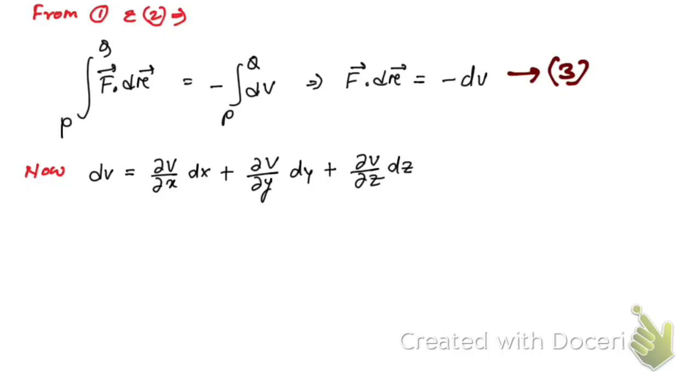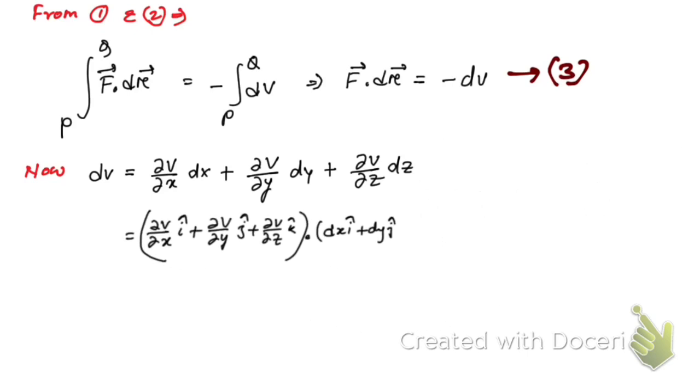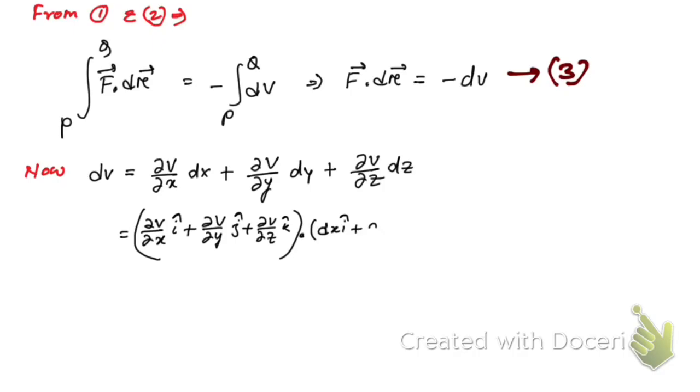Now here you see this part can be expressed in this way: del V by del x i cap plus del V by del y j cap plus del V by del z k cap, dot, equal to dx i cap plus dy j cap plus dz k cap, that's what we can write.